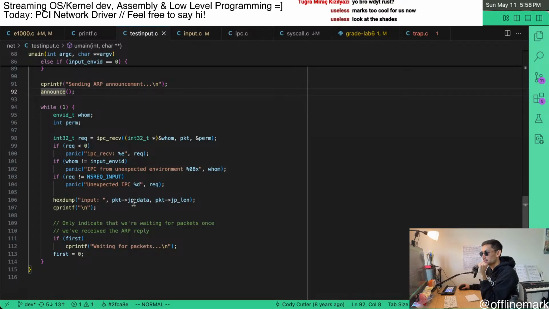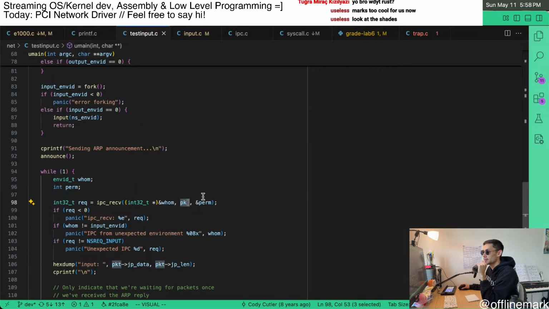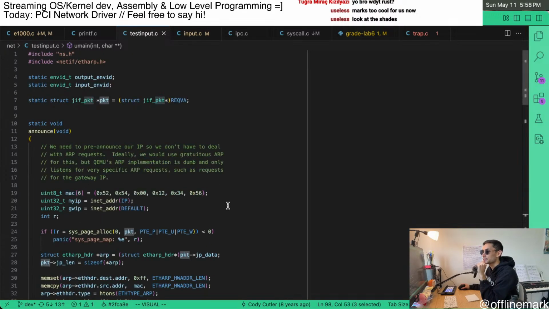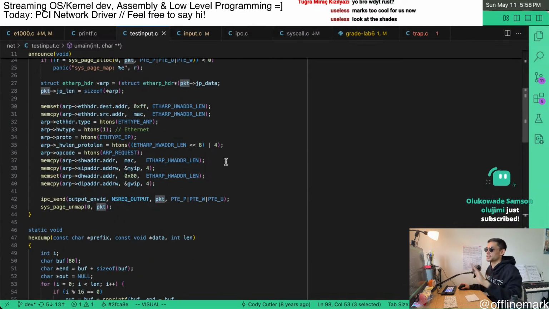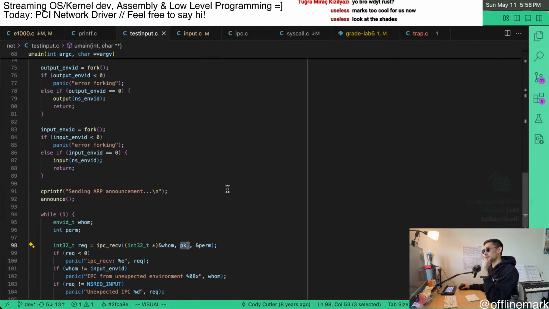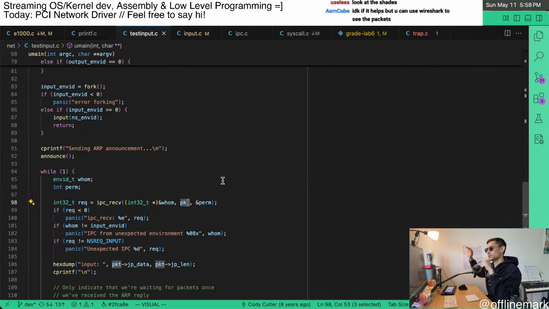But fundamentally, this whole thing, this actual data, this packet data thing, what is that? That's the way this process accesses the data exchanged between the two processes.